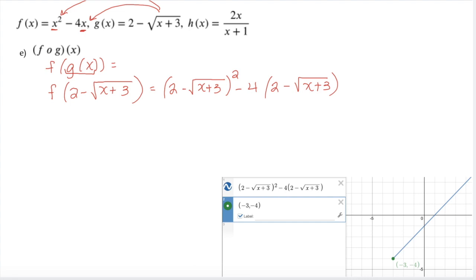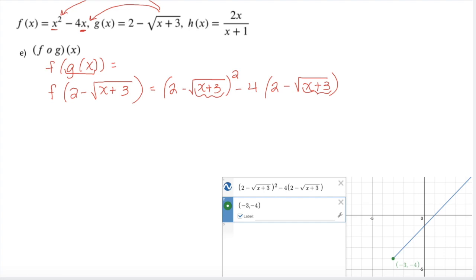Before I do anything else, I'm going to look at my function, and I'm going to say I have 2 instances where my graph needs to be greater than or equal to 0. They're the same thing underneath, so I just need to look at one of them.